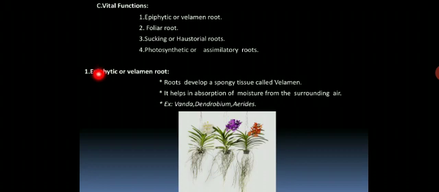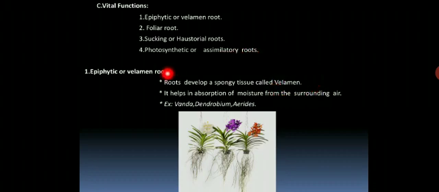Here epiphytic roots develop a spongy tissue. That spongy tissue is a special tissue. That special tissue is called velamen tissue. The velamen tissue has the capacity to absorb moisture, minerals, and food from the branches as well as from the air in their surroundings.